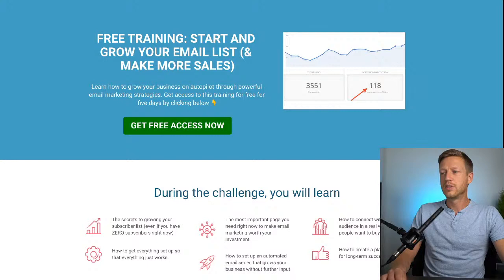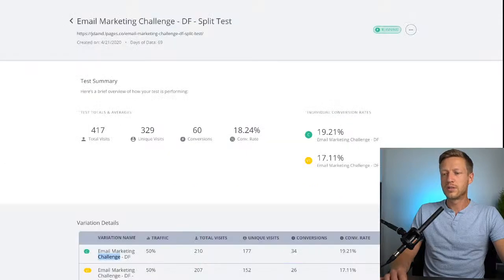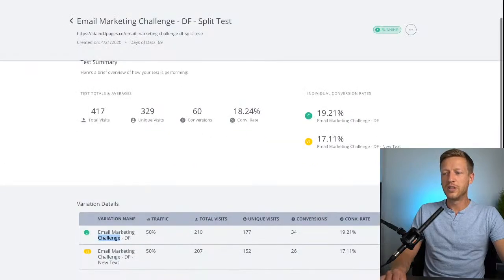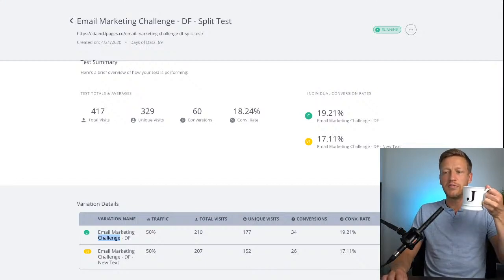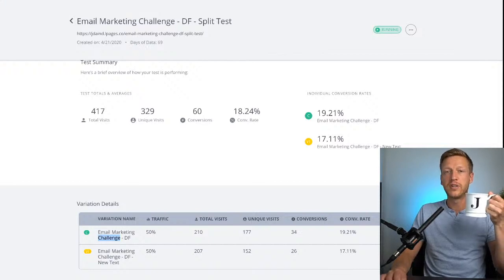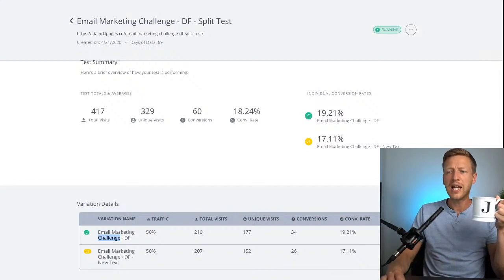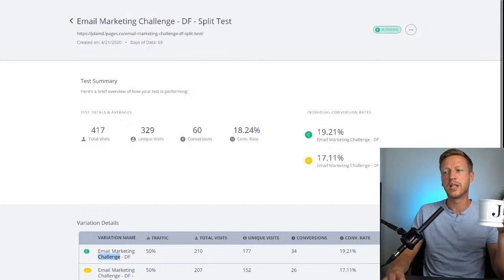This one is converting at, well, the latest test is 19%. So the conversion rate is a lot lower, half of what it is for the other two. I hadn't checked my stats for a while with this, so I didn't even realize that was happening.